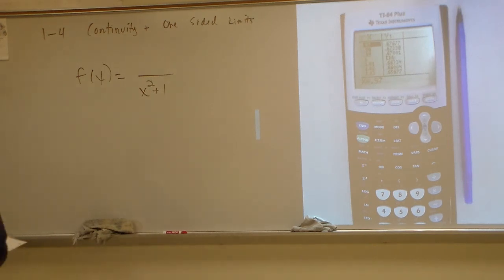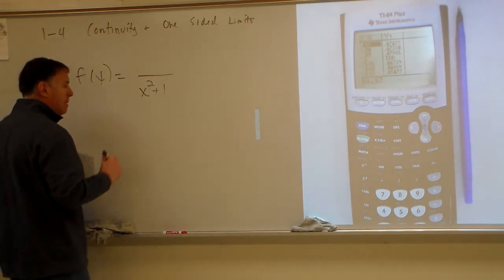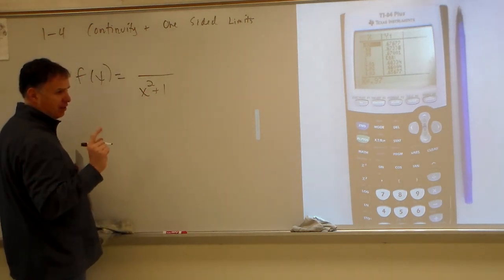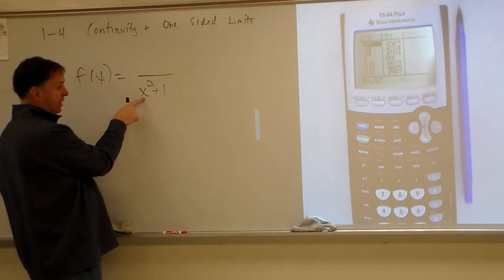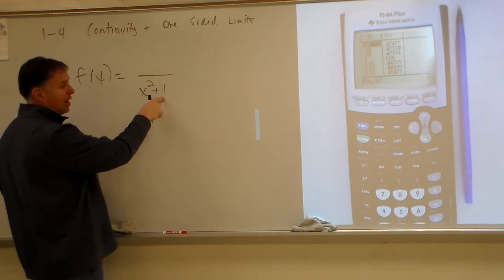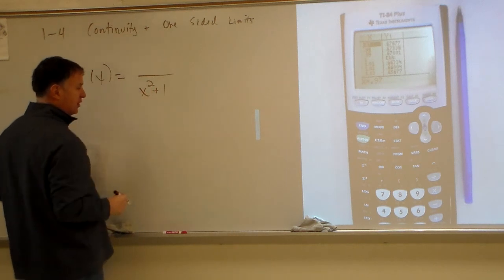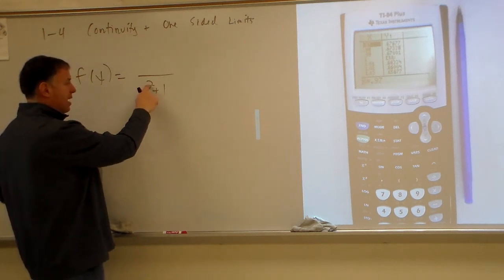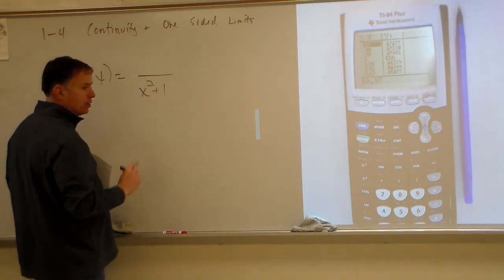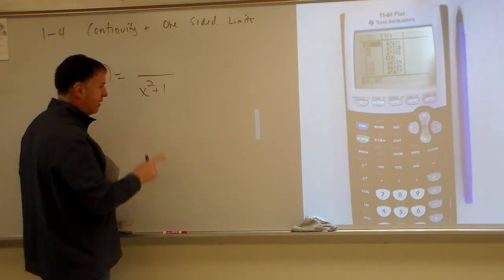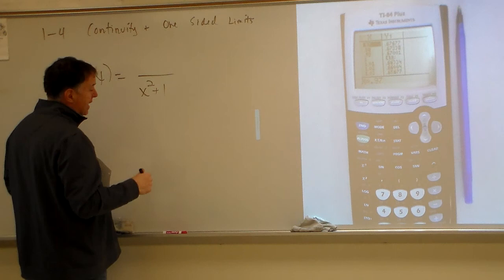I would say no, because no matter what, I can never make this denominator 0. I can plug in anything I want for x squared, and because I'm adding 1, I can never make my denominator 0. No discontinuities. So if you have even powers in the denominator, there are no discontinuities as long as that's a plus. If it's a minus, then we can.